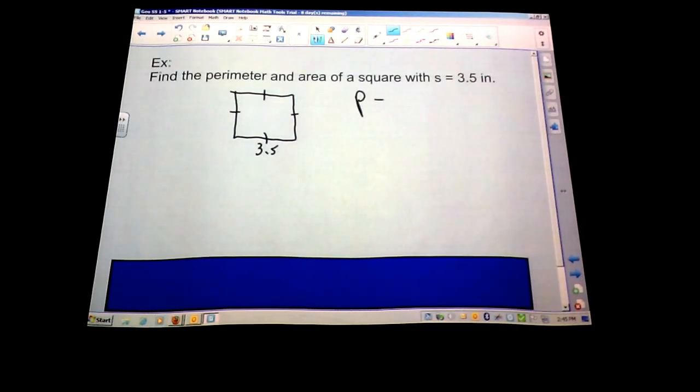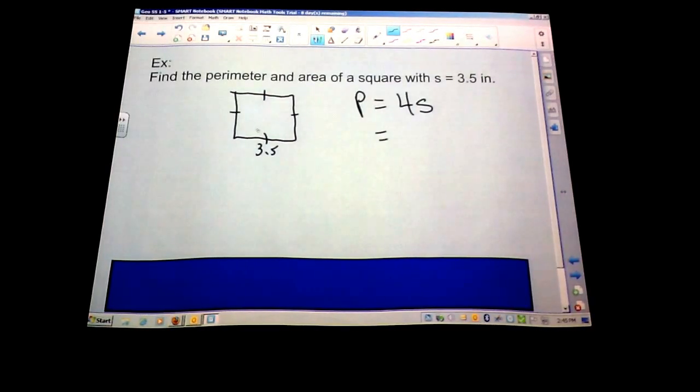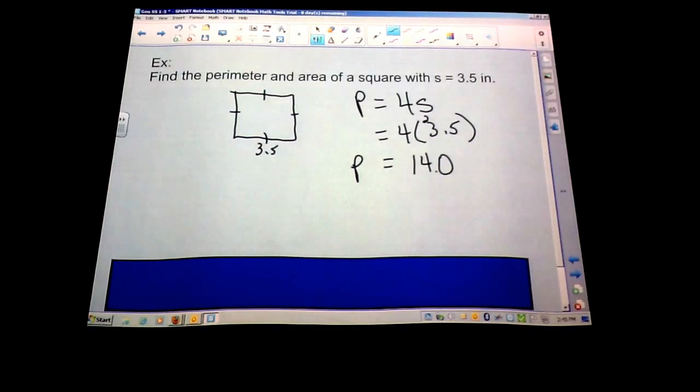Well, perimeter is equal to 4 times the side length. So for this particular square, we'd have 4 times 3.5 that we'd want to multiply out, which would give us a perimeter of 14 inches.